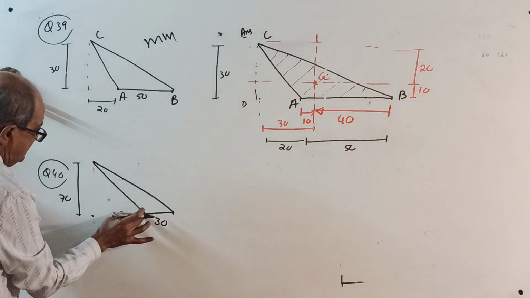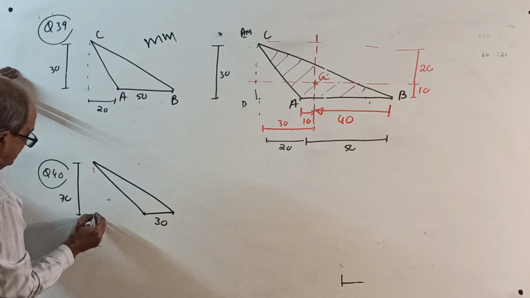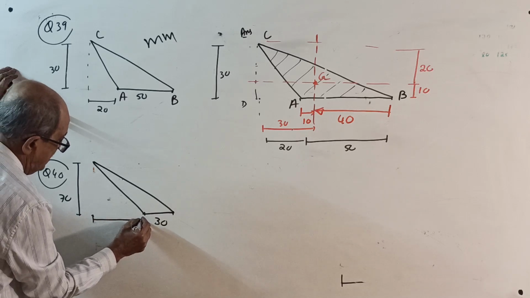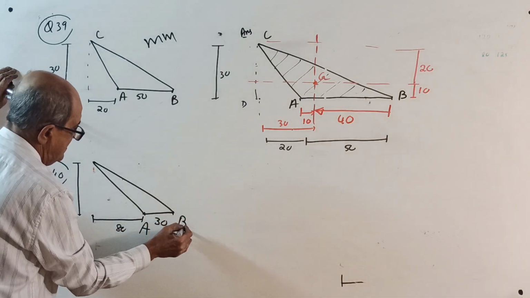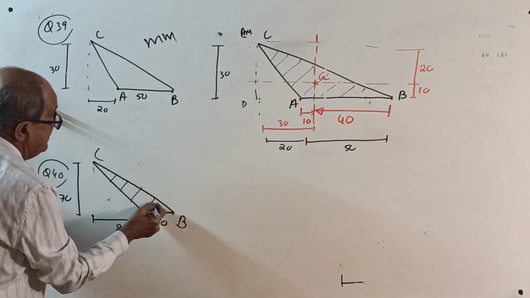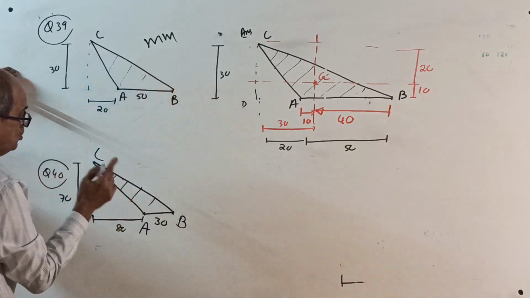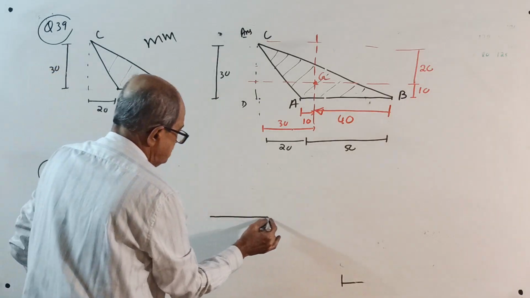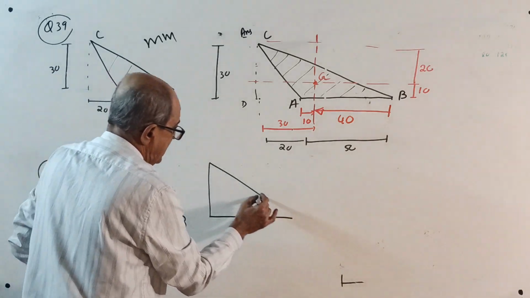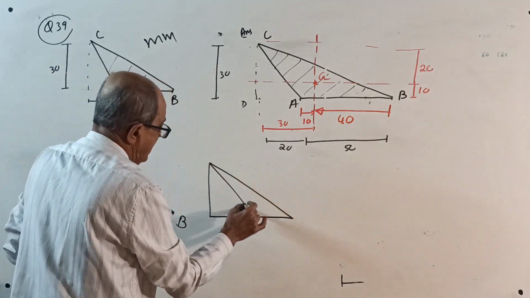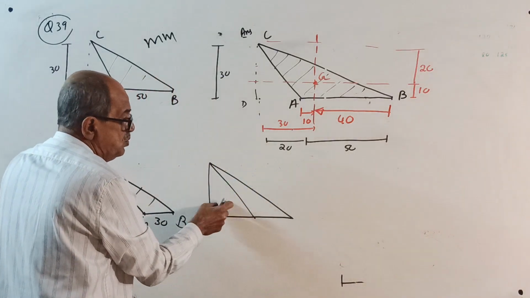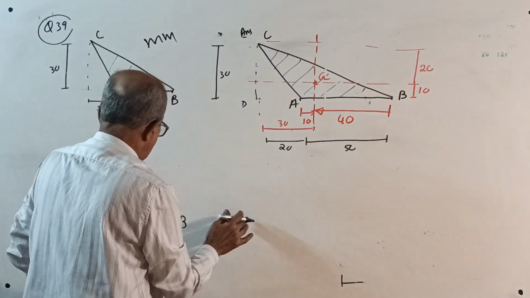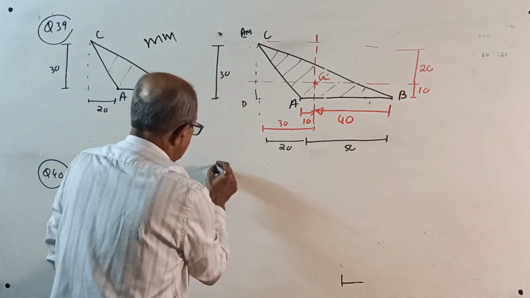This is 30. 30 plus 60, some little bigger, 80. This is your ABC. This is a triangle. When you solve, you take a full triangle, then take out one triangle. This is triangle 1, cut out 2 and do it. But the final answer is the answer.